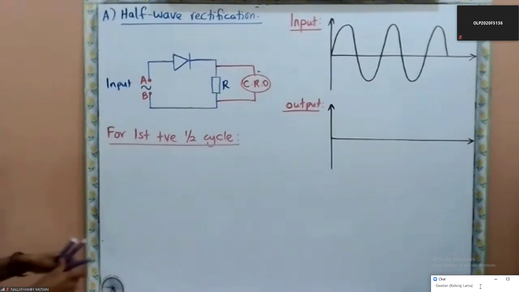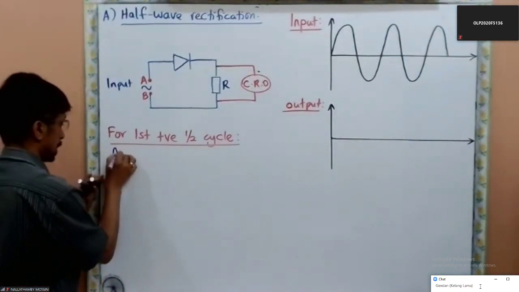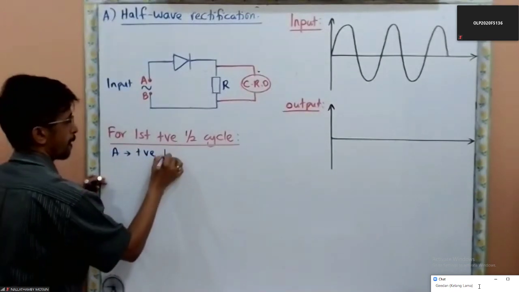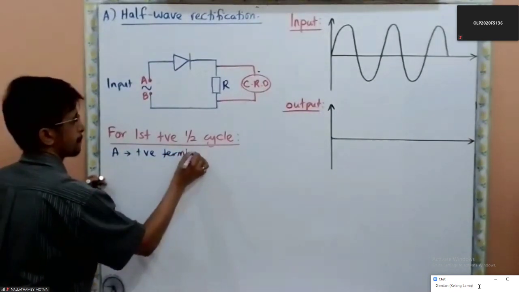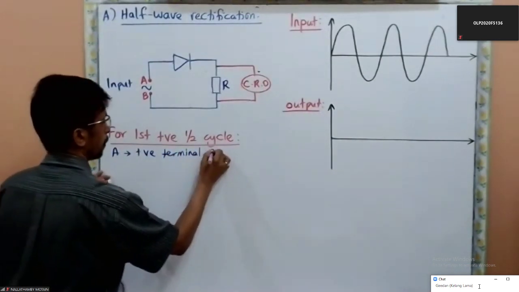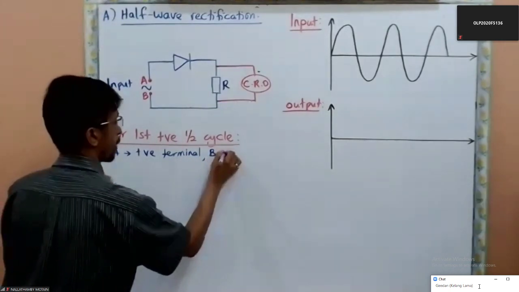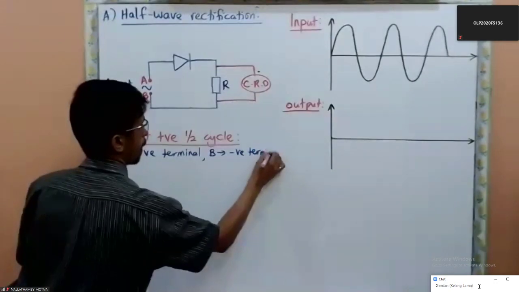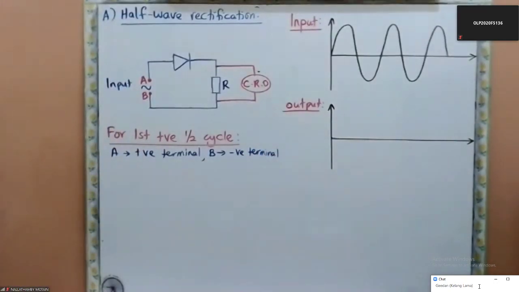For the first positive half cycle, A becomes the positive terminal, B becomes the negative terminal.